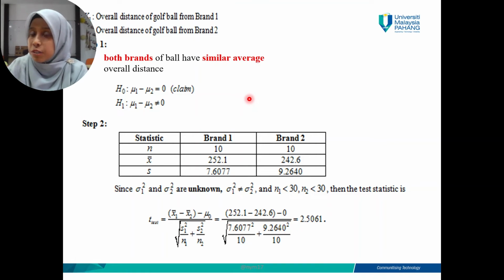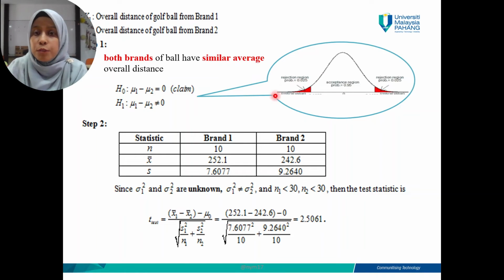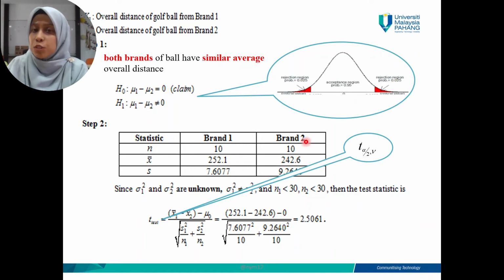Next, we're going to do step 3, which is to establish the critical value and also the rejection region. By looking at your step 1, this is a two-tailed test. Therefore, you will have a rejection region on the left and right, and the acceptance region in the middle. And what is the critical value that will separate your acceptance and rejection regions? In this case, your critical value should come from the t-distribution table, because in step 2 your test statistic is a t-test, so the corresponding critical value should be a t-critical value.